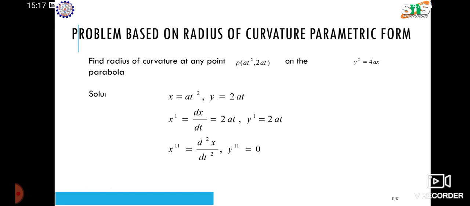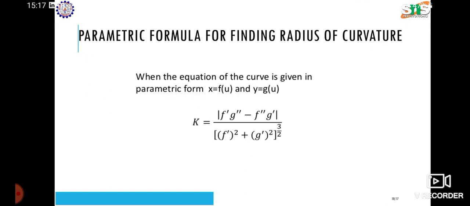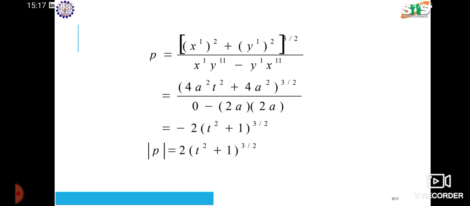What is the curve y square equal to 4ax? We all have studied in school days itself, that is a parabola. For the parabola we have the parametric form x equal to a t square, y equal to 2at. Based on this we have to find x dash, x double dash, y dash, y double dash with respect to t. After getting all these values we have to substitute in this formula. That only we are going to do now.